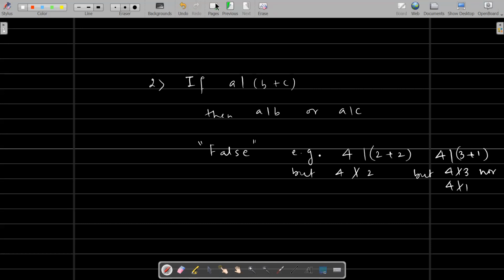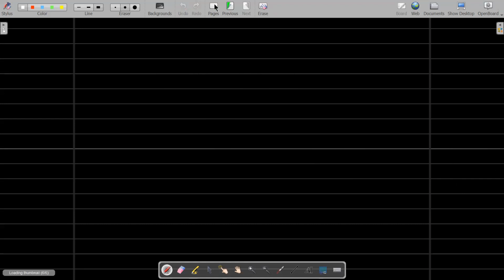Okay, now stop writing answers in the chat box. We'll go to the next question. Third one: if A divides B, then A square divides B square.